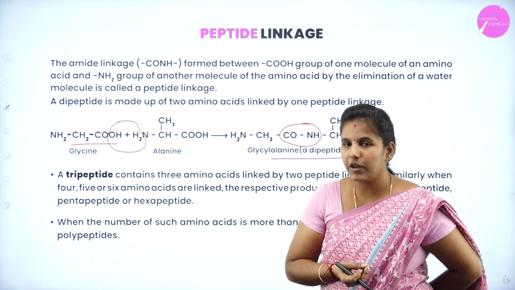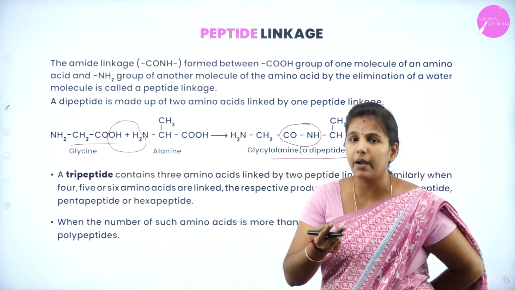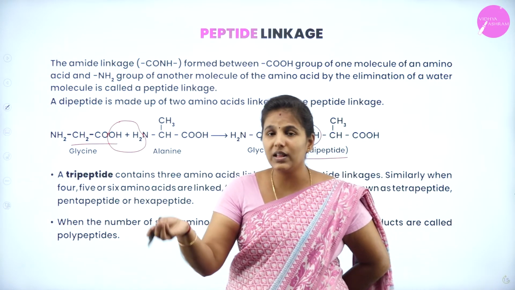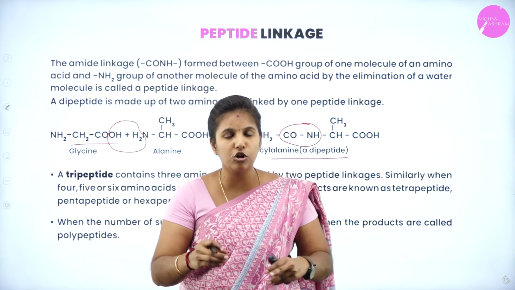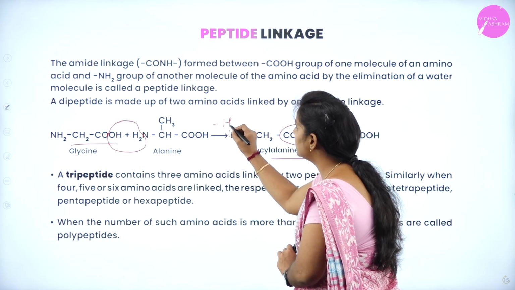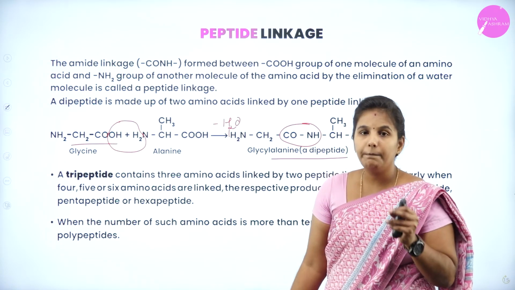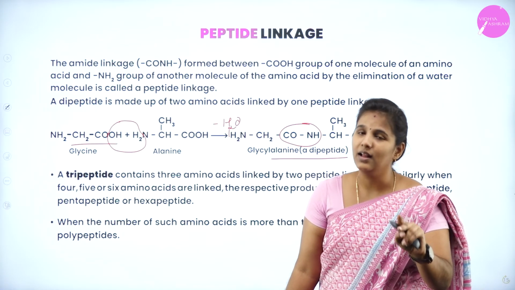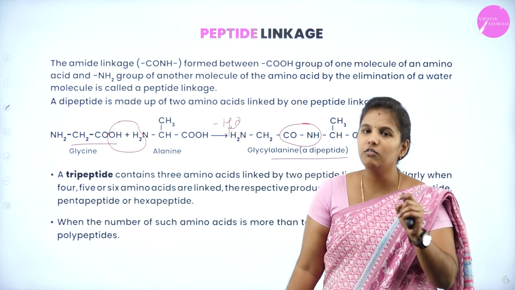How does this peptide bond form? Between the 2 amino acids, one amino acid has the COOH group, while the other has the NH2 group, where the elimination of a water molecule takes place and results in the formation of a peptide bond. So, if 2 amino acids are there, then it results in the formation of 1 peptide bond.